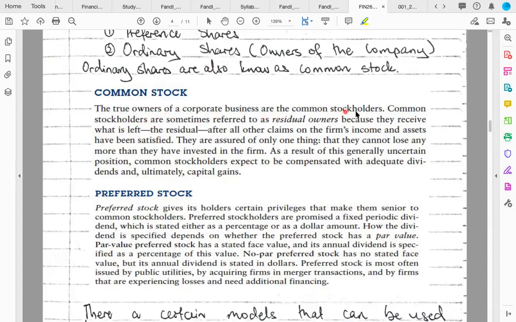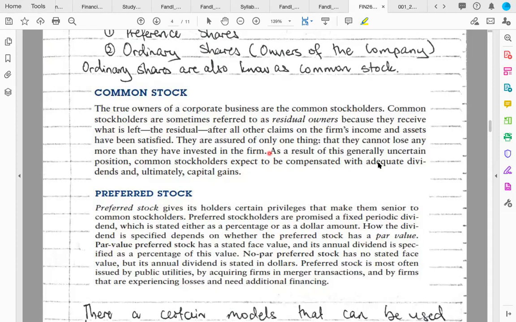of the corporate business. Common stockholders are also referred to as residual owners because they receive what is left, the residual, after all other claims on the firm's income and assets have been satisfied. Remember, if a company goes bankrupt, lenders get paid first, followed by preference shareholders, and finally common stockholders, ordinary shareholders.